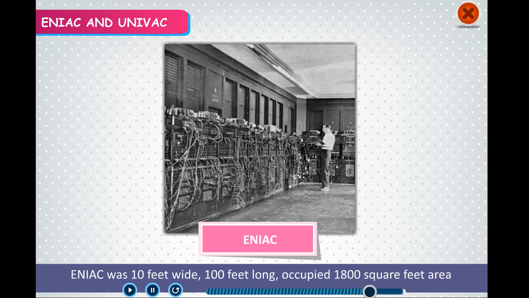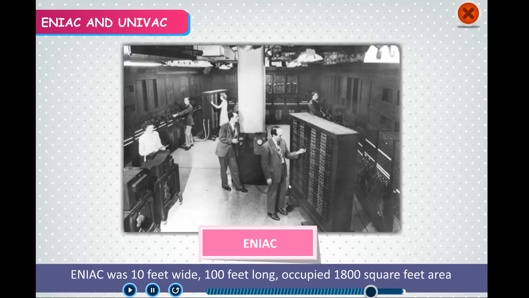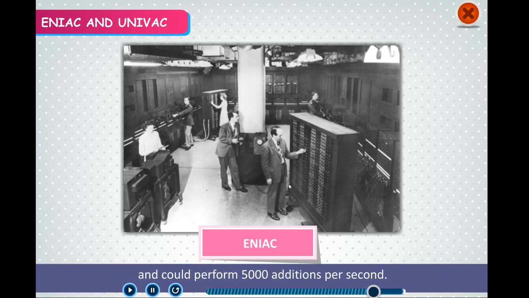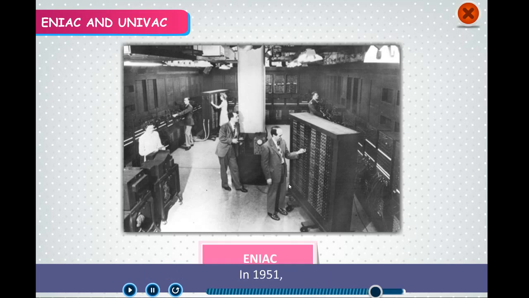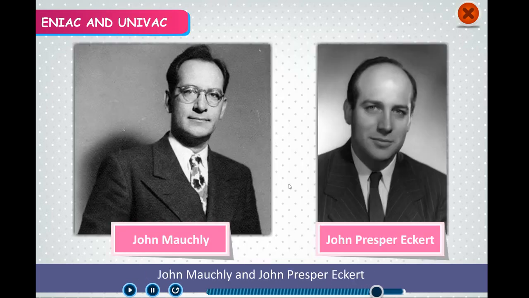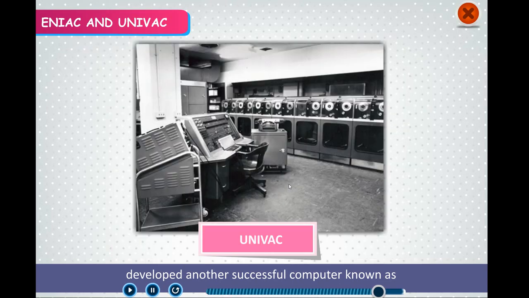ENIAC was 10 feet wide, 100 feet long, occupied 1800 square feet area, and could perform 5,000 additions per second. In 1951, John Mauchly and John Presper Eckert developed another successful computer known as UNIVAC, Universal Automatic Computer. It could handle both numeric and textual information.